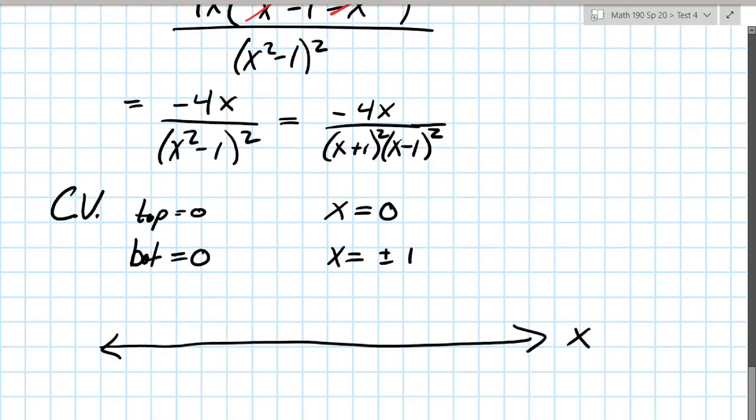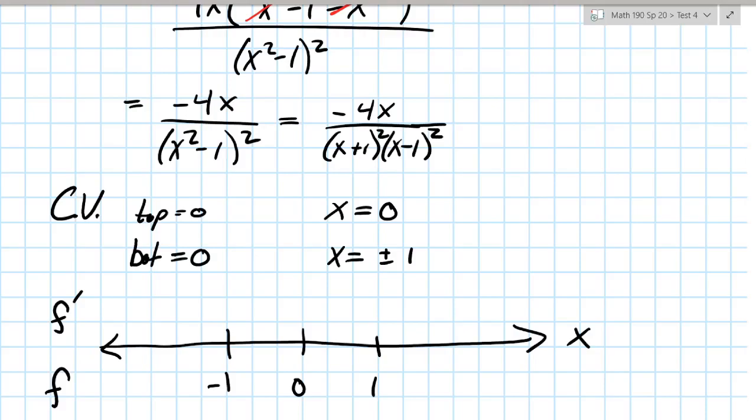Here's our number line for our first derivative with our slopes, and I've got negative 1, 0, and positive 1. Technically, plus and minus 1 are not critical values since they weren't part of the domain of the original function. They still go on our first derivative number line, and we can remind ourselves that these were vertical asymptotes. You could just put a dotted line there to remind yourself.